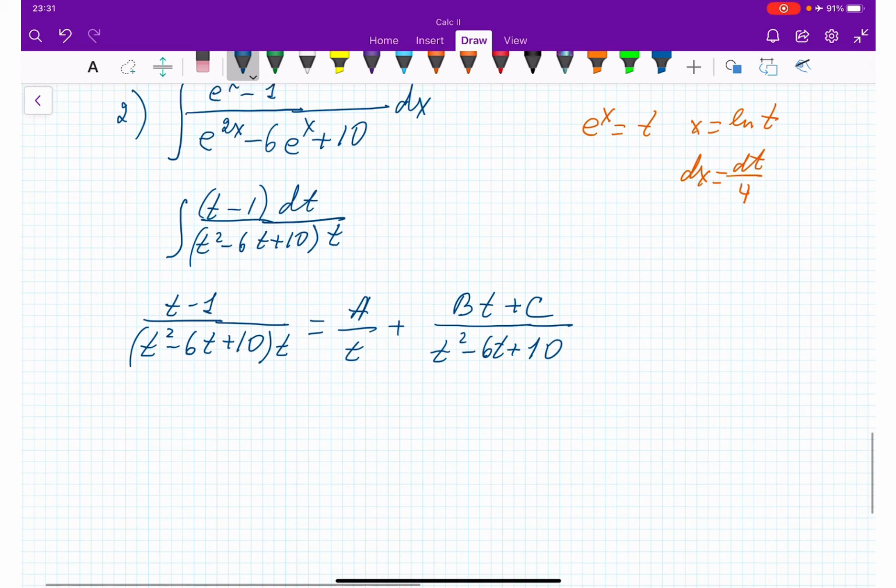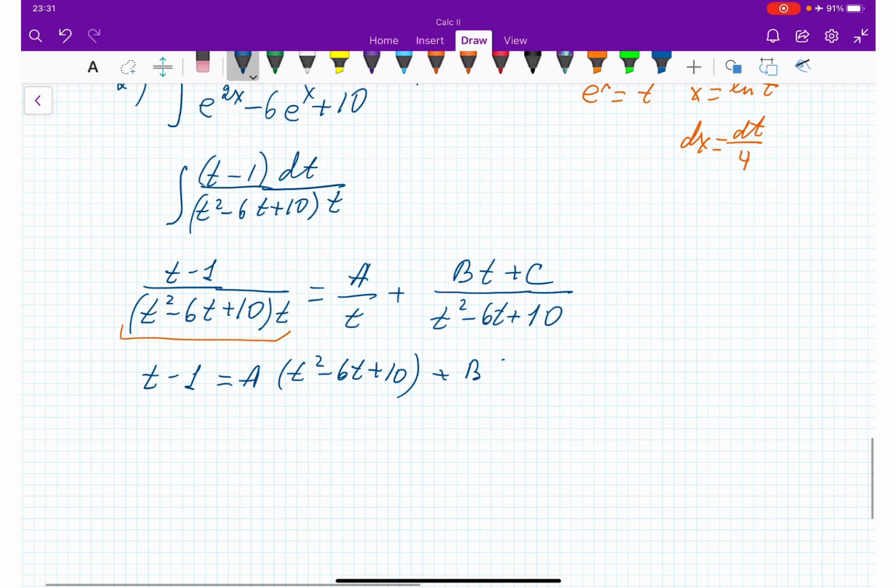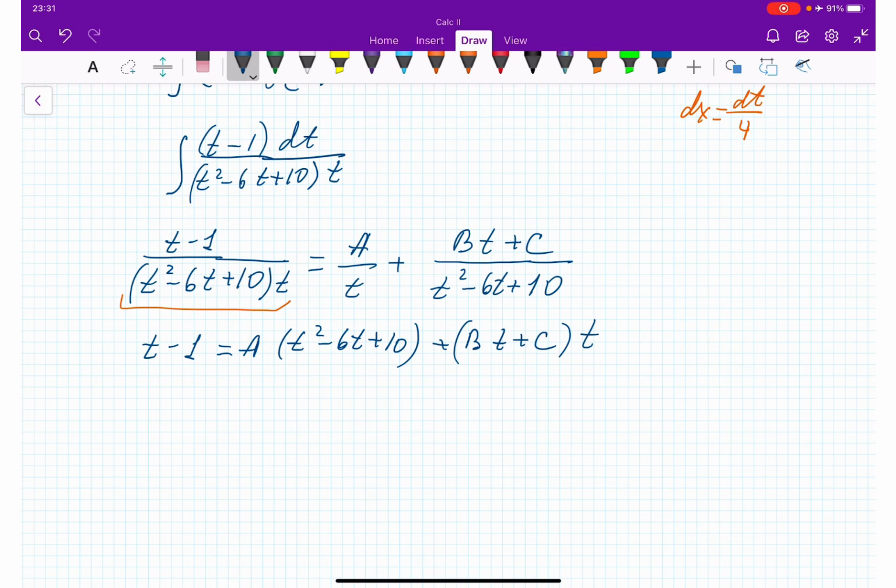So, bringing to a common denominator, we are going to get t minus 1, and the common denominator is going to be this expression. Which means we are going to have t minus 1 equal to a times t squared minus 6t plus 10, and plus bt plus c multiplied by t.